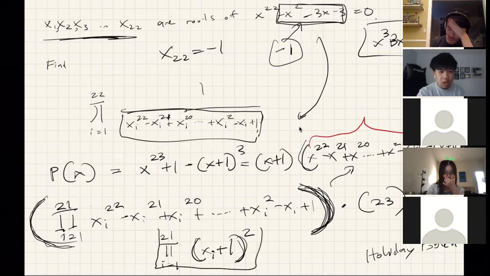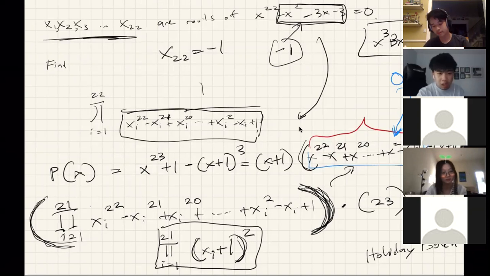So we're left with this magical equation. And the reason we know that is because this part of the polynomial is going to equal 0, so this part is going to be equal to this part, and we're going to cancel out.